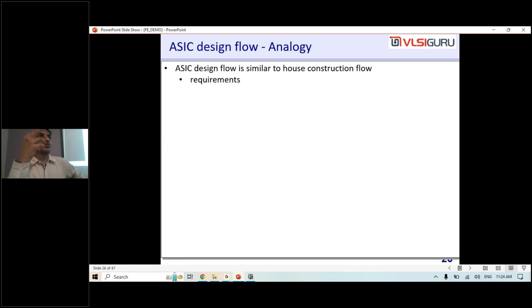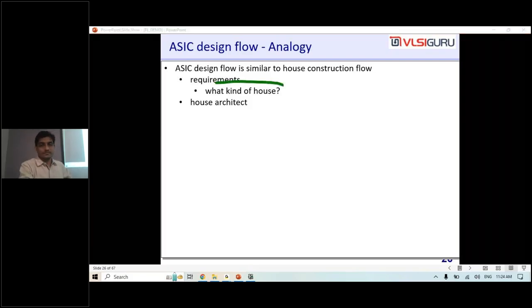With requirements, whom do you go to? Architect, right? What will the architect ask you? What are your requirements? Then what will he give you?